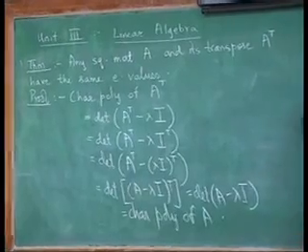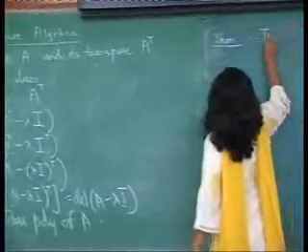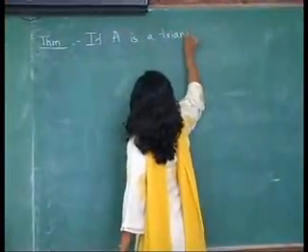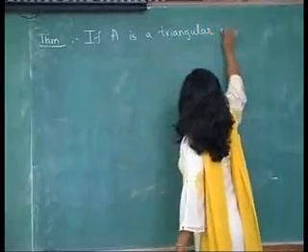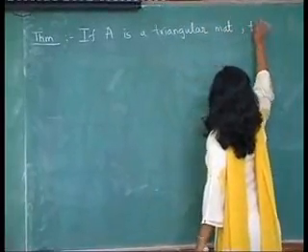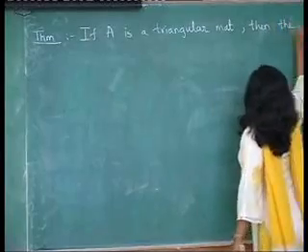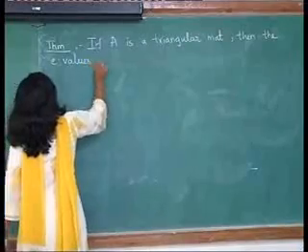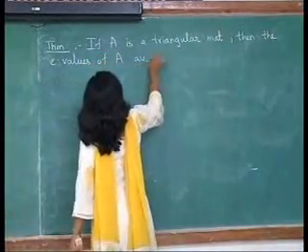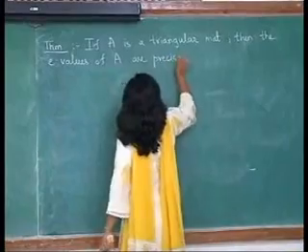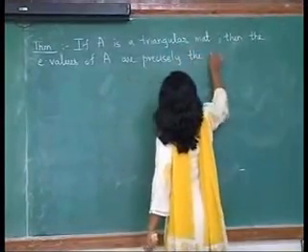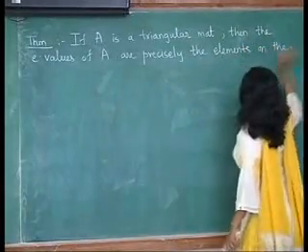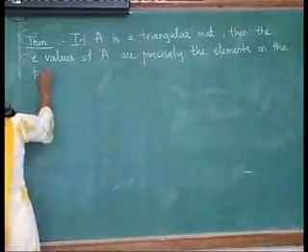The result says, if A is a triangular matrix, then the eigenvalues of A are precisely the elements on the principal diagonal of A.